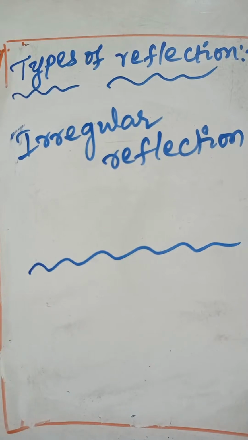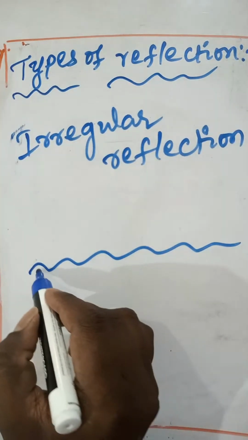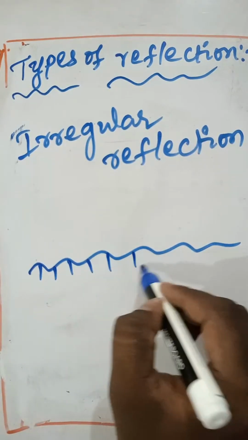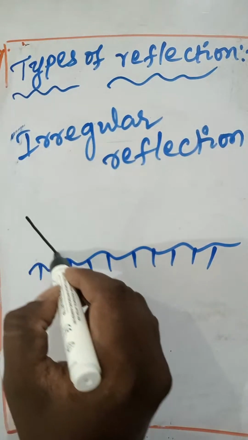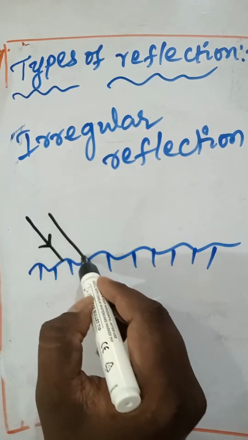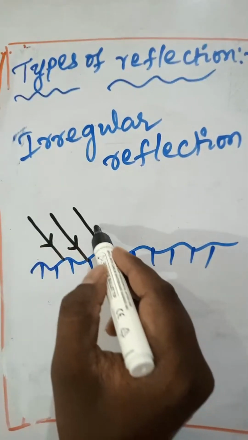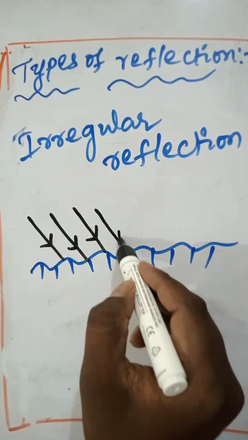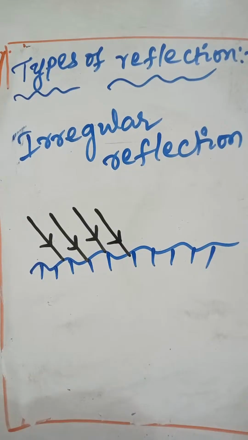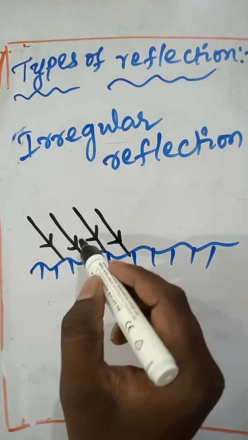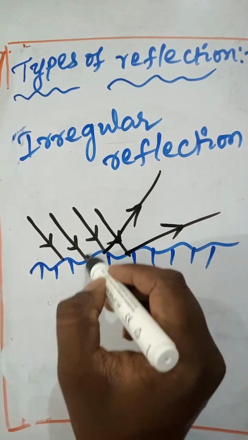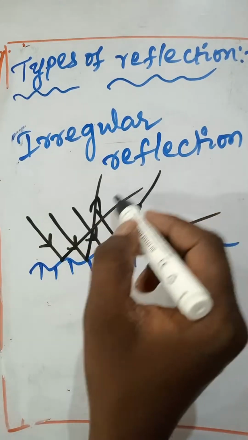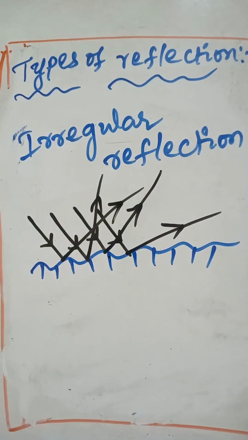The incident beam is parallel but the reflected beam is not parallel. So it goes in different directions.